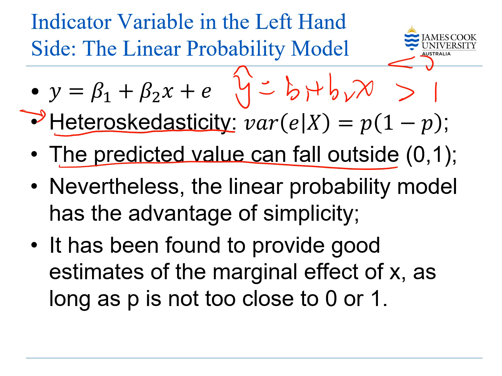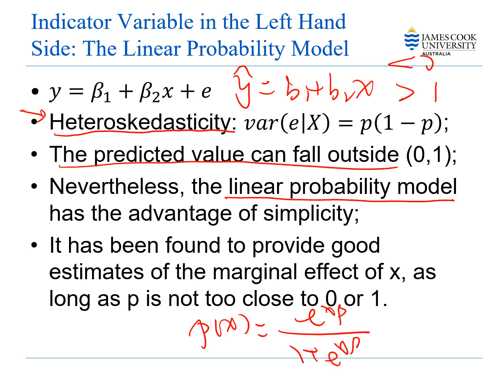However, this linear probability model has the advantage of simplicity. We can say that p(x) is a logit function, a nonlinear function of x, and it is guaranteed to be between 0 and 1.